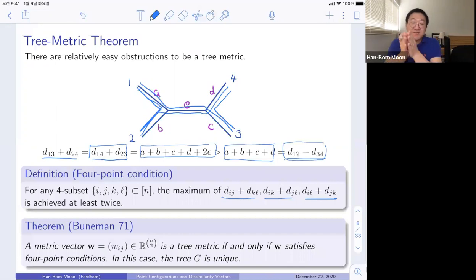But anyway, it is a relatively easy condition that we can compute easily. Indeed, this 4-point condition is the only obstruction to being a tree metric. The theorem of Buneman in 71 is that a vector W is a tree metric if and only if W satisfies the 4-point conditions for any four-subset ijkl of the set of leaves. Furthermore, in this case, the tree G is unique.